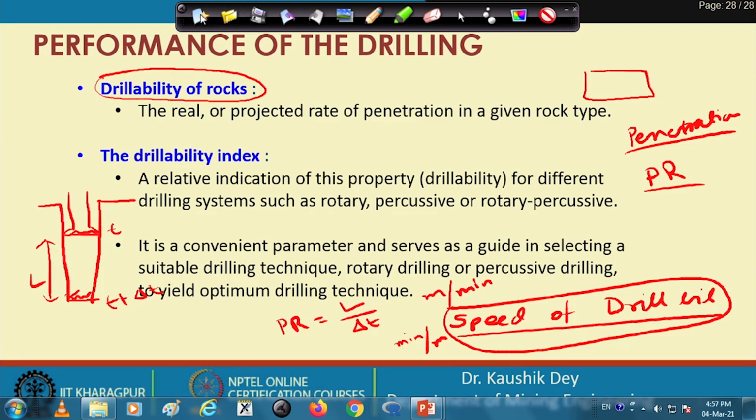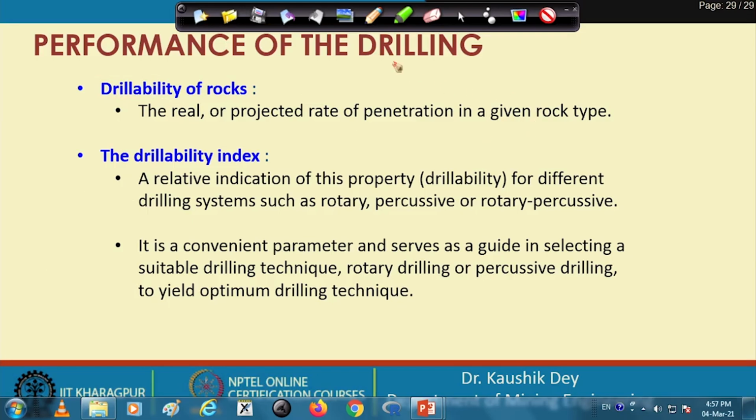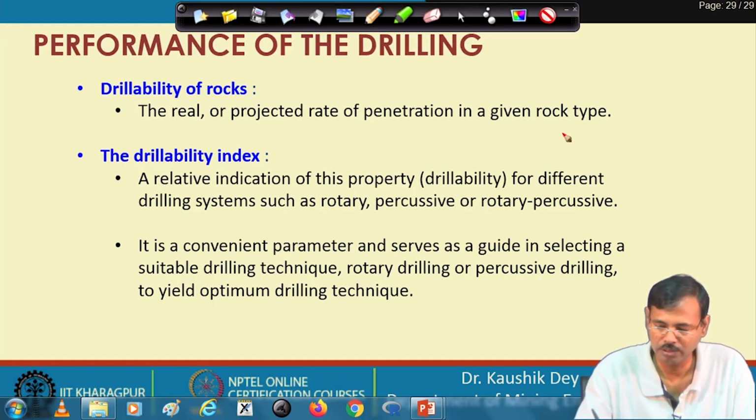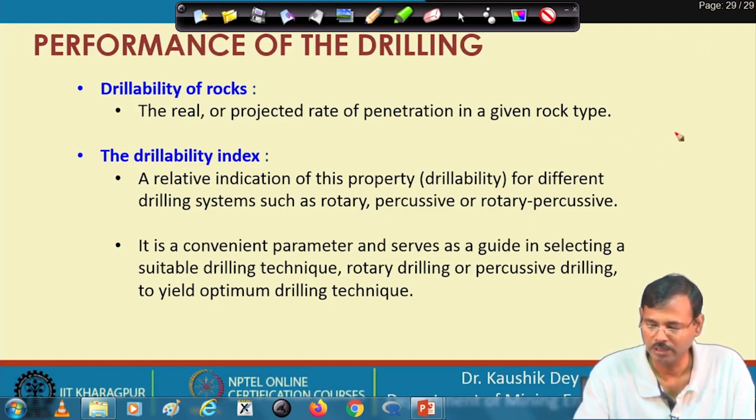That is a very important aspect. So, basically penetration rate is governed, as we have discussed, by the machine parameters, rock parameters, and obviously application parameters.